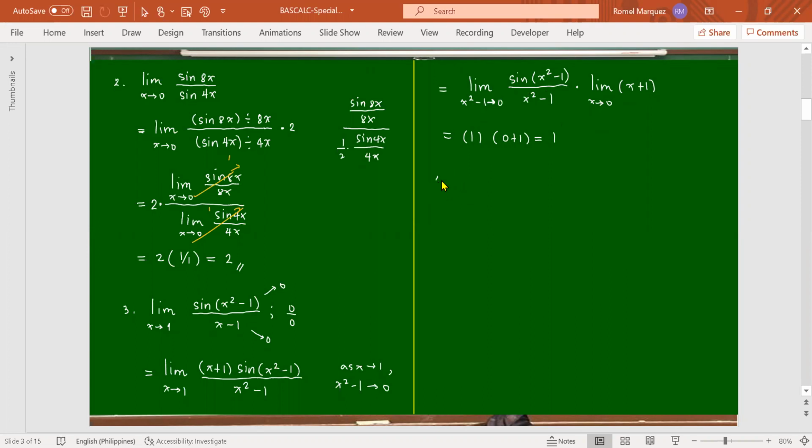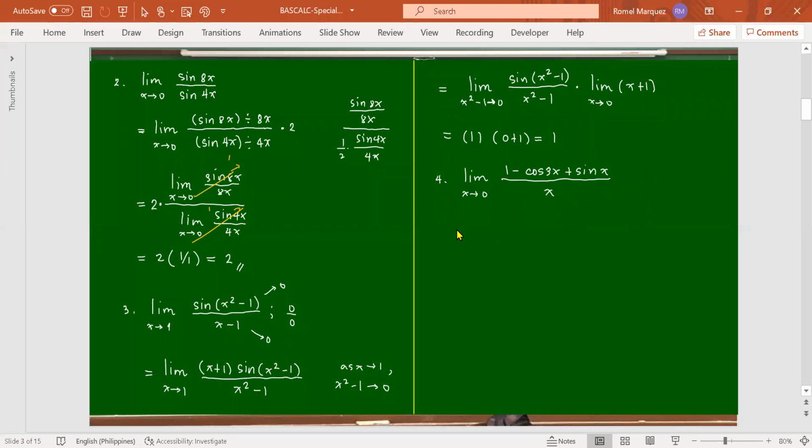Yes. O, number 4. Limit as x approaches, let's say 0 of 1 minus cosine 3x over x, plus sine x over x. Okay? Well, let's see.